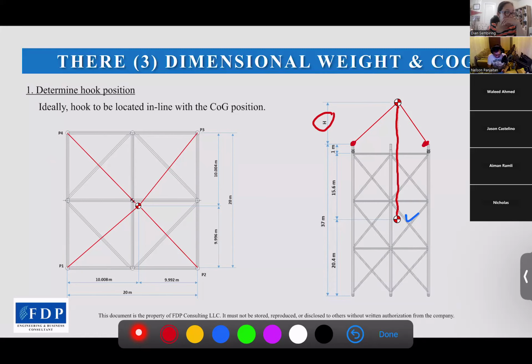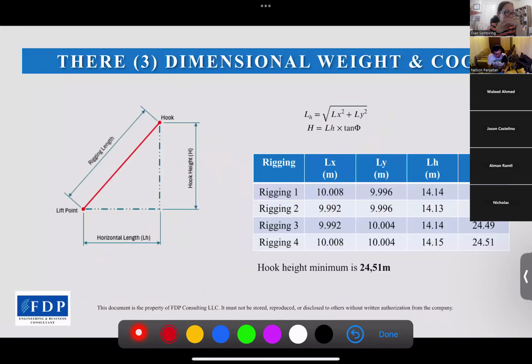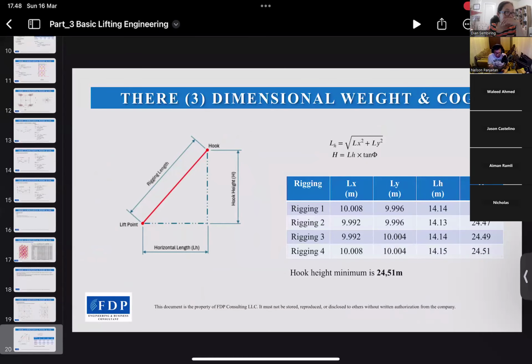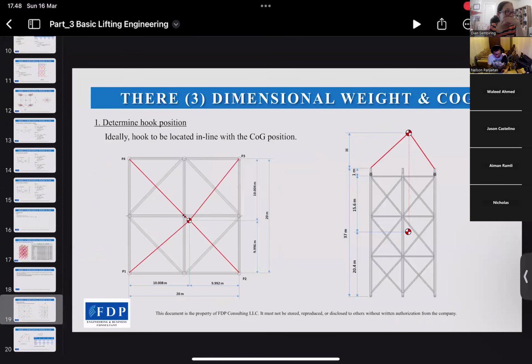And then to design the rigging, we need to find the horizontal length from the lifting point to the COG. So the horizontal length of the rigging is this.